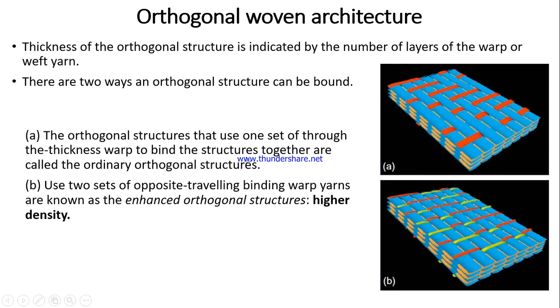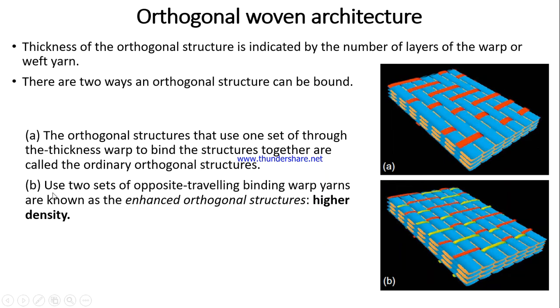Okay, if only one set of through-the-thickness warp is used for binding, then it is called an ordinary orthogonal structure. Here you can see the binder yarn is only the red one, the single set of binder yarn which has integrated this structure.